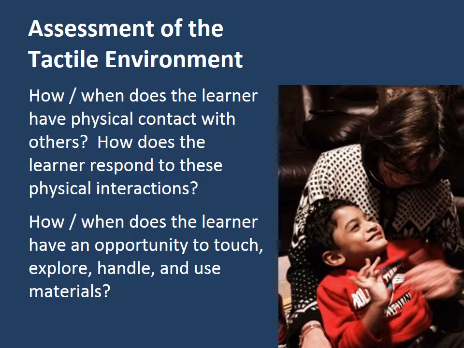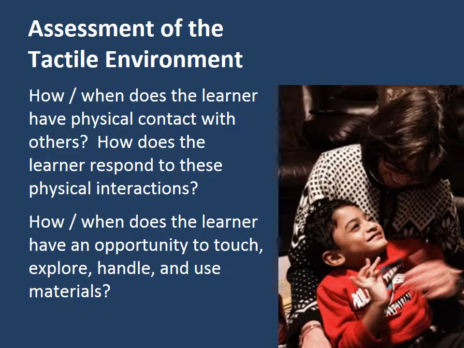When you're looking at the considerations for the tactile environment, you can split it up into 4 categories. This first slide talks about the first 2. The first one is around people. How does the learner connect with people? When does the learner connect with people? And when and how does the learner connect with those people in different places?